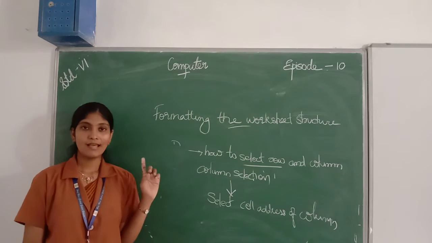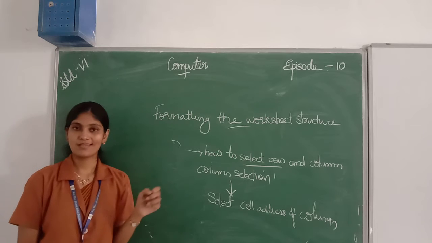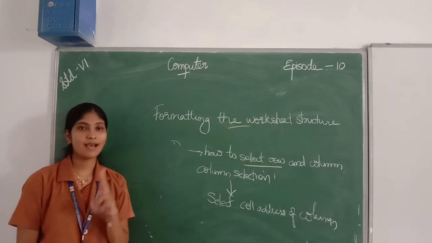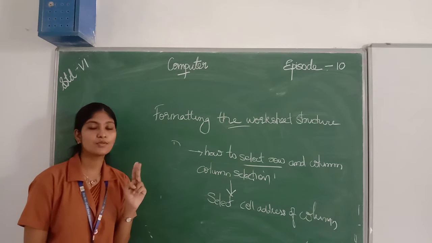So first one, formatting the worksheet structure. Before going to that topic, let me discuss the first two things, how to select a row and how to select a column.